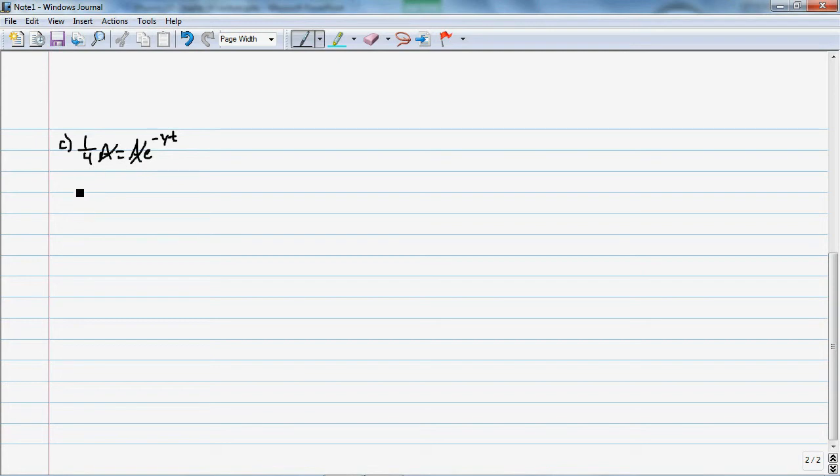I'm going to do the same thing I did before to get rid of the exponential function. Natural log 1/4 is equal to the natural log e to the negative gamma t.